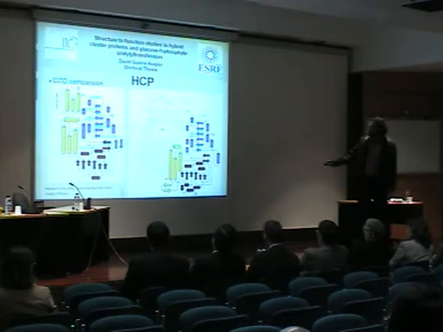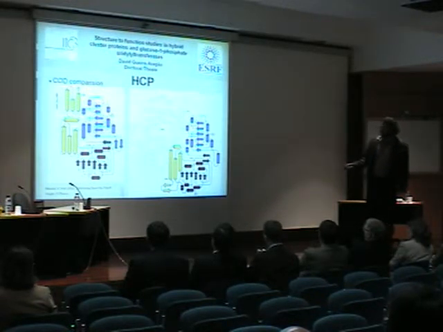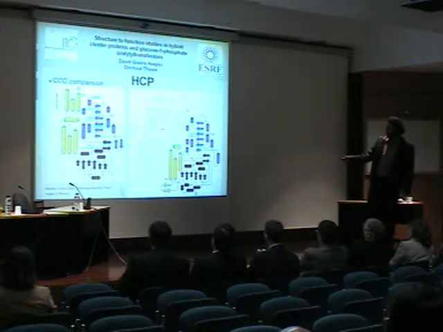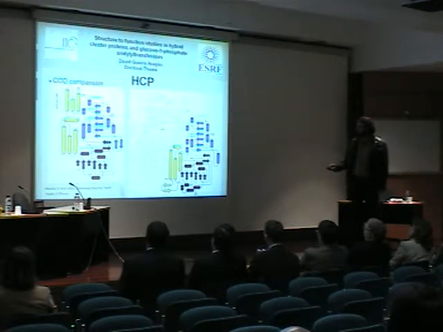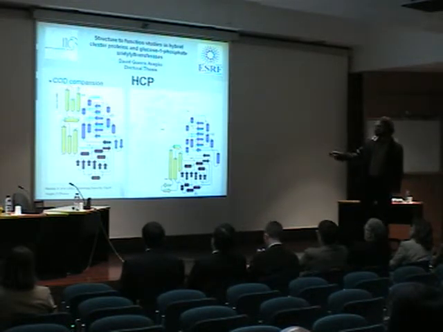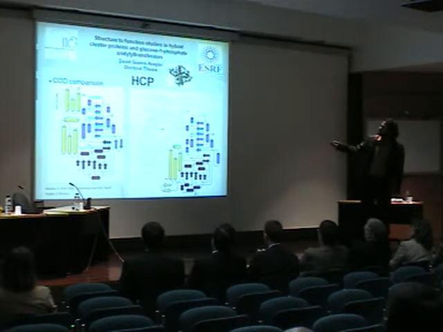Also, the CODHs have another cubane, but it's completely different, that is absent in the HCPs, and have another cluster that I didn't put here for reasons of clarity. Still, this cubane, if they dimerize, it appears here. So this is the superposition and the three-helix bundle that disappears.